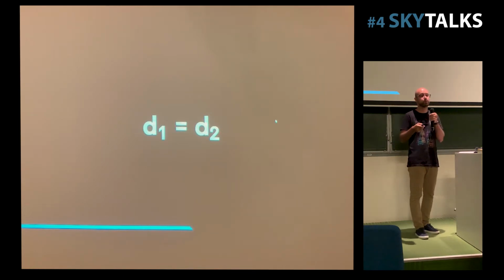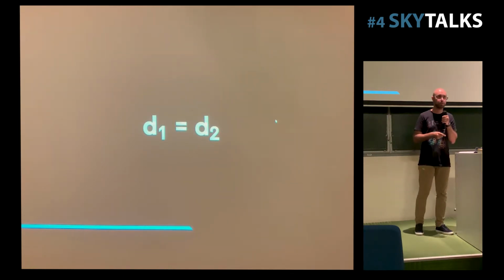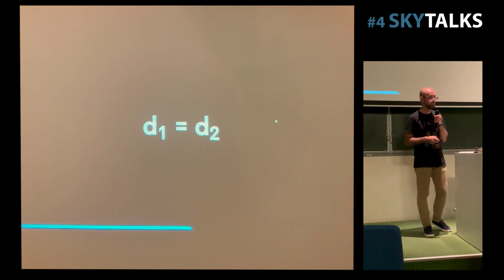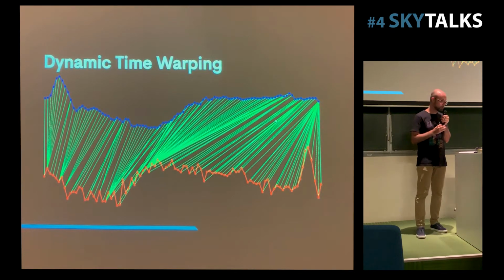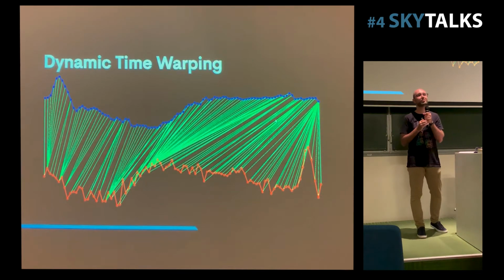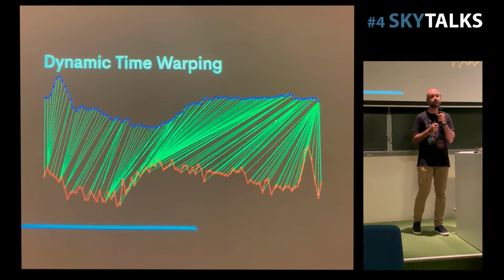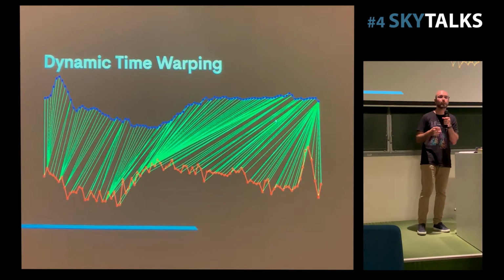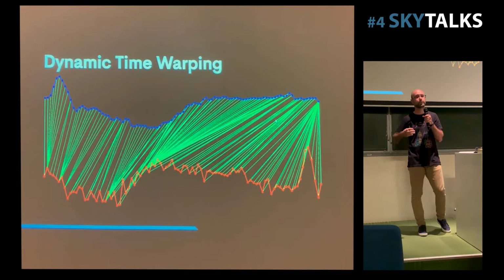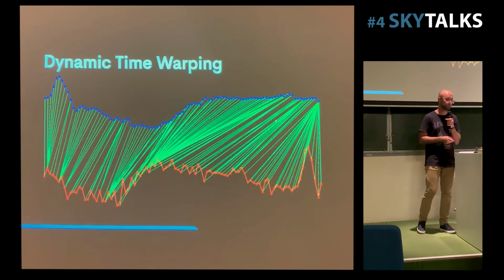So you have to think a bit harder and find a better metric. And there is one which is called dynamic time warping. Technically speaking, it's not really a distance measure, because it doesn't satisfy the triangle inequality, but for our use case, it gets very close to that, so we can use it. It's empirically proven.